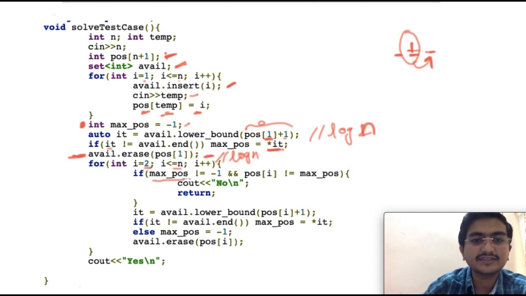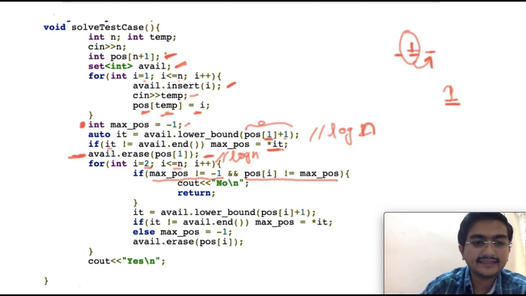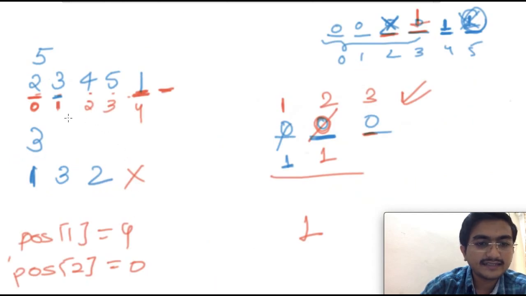And then if max position is not equal to -1 and position of i is not equal to max position, it means I have a position which has maximum probability. Suppose after 2 the position was 1 here. So after filling 2, the maximum probability is at position number 1.